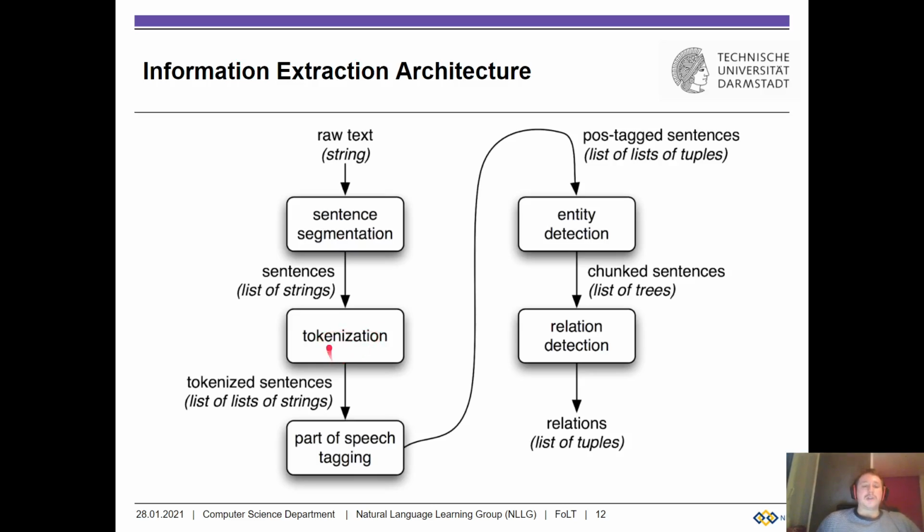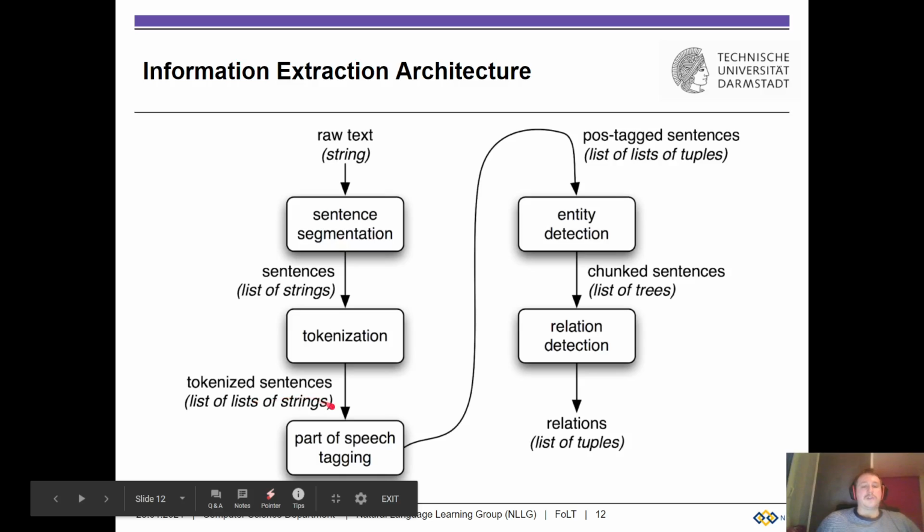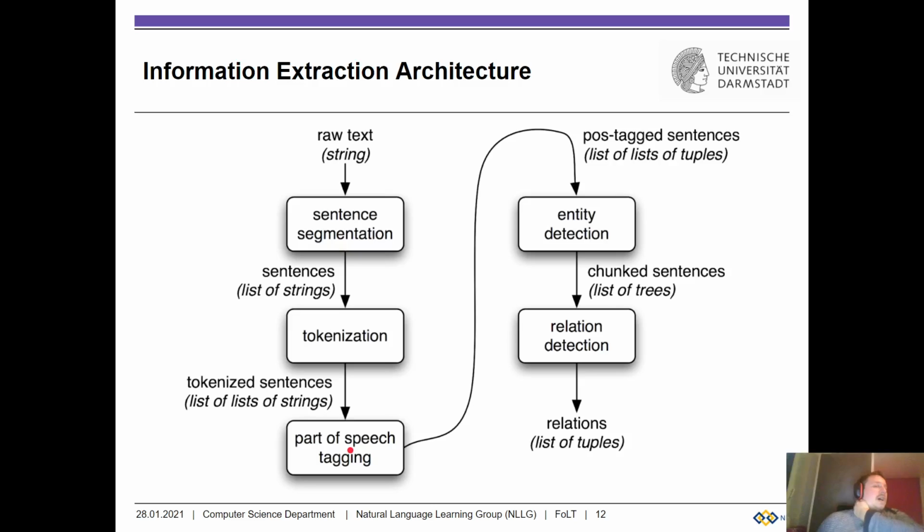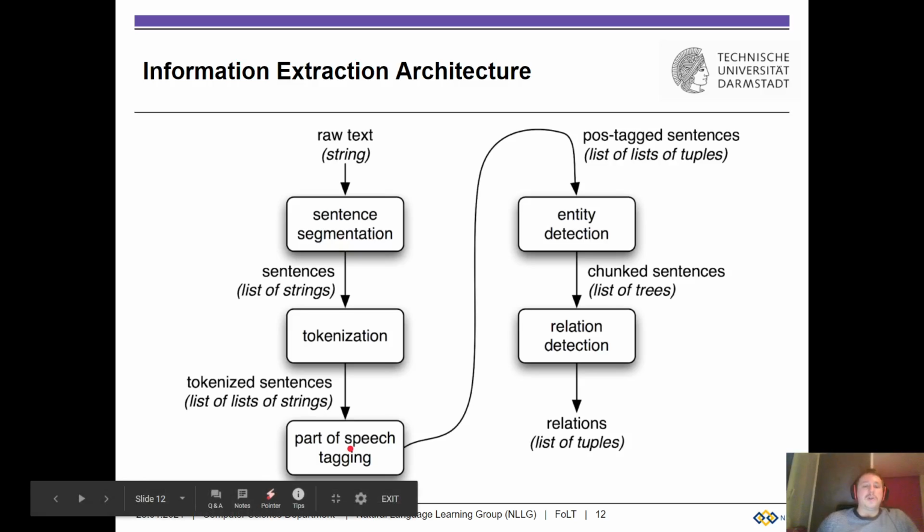We do the tokenization, so each sentence is split into individual tokens. So we get a list of lists of strings, where each string is now a token. We do part of speech tagging that tells us the word class of each word, such as verb, noun, adjective, and the other things.